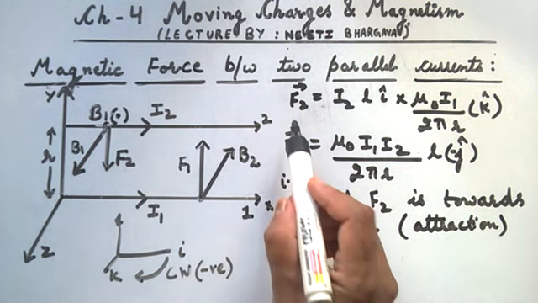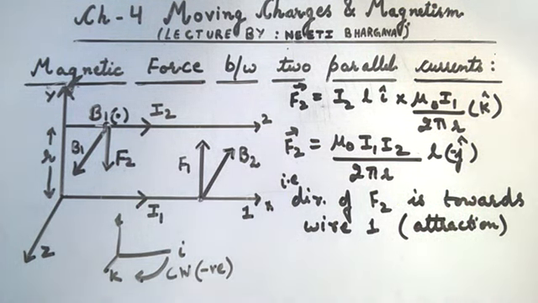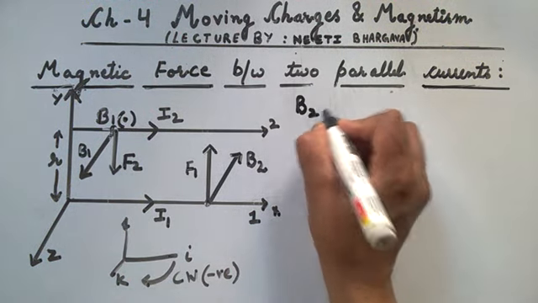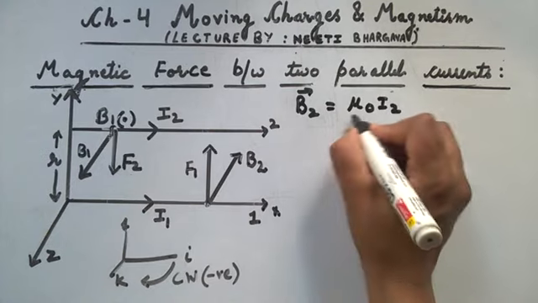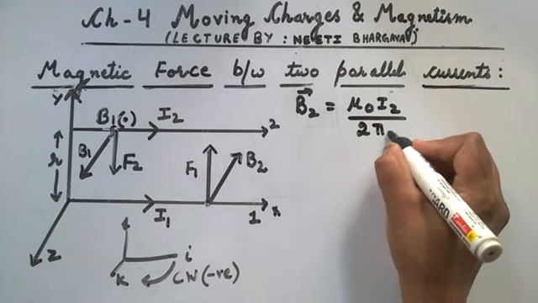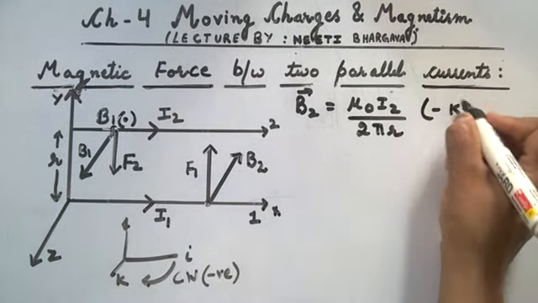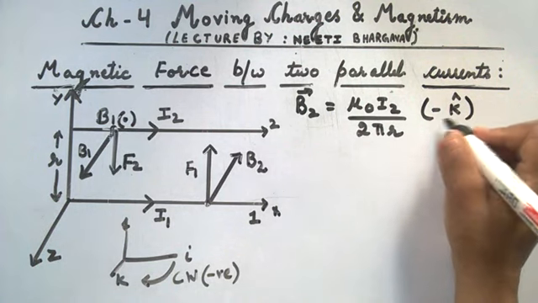Now let us find the value of B2. B2 is equal to mu naught I2 upon 2 pi r, minus k cap, along the negative z axis.